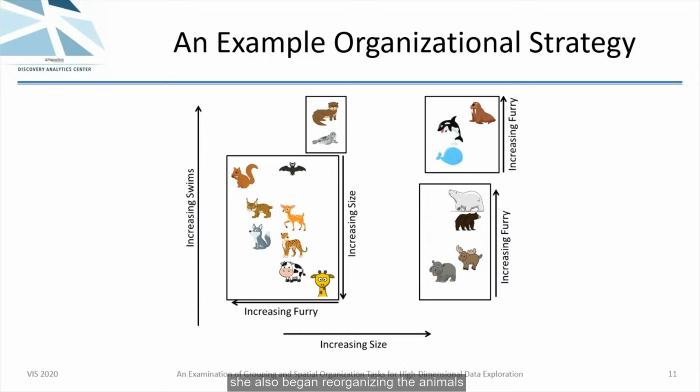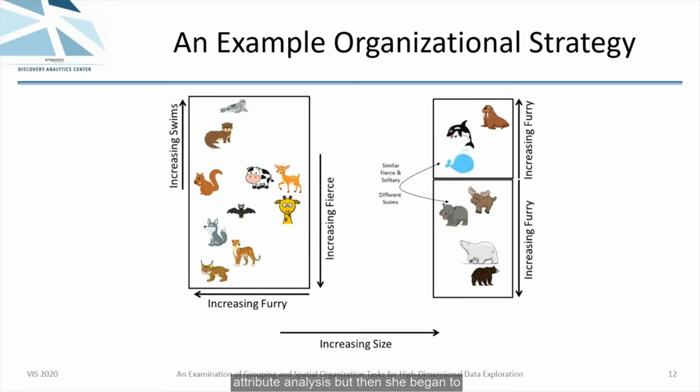She also began reorganizing the animals within the clusters a bit, and explained this reorganization with the dimensions that we show, looking at increasing furriness at a variety of different angles inside of the projection. In large part, this was the beginning of the furry attribute analysis, but then she began to look toward the fierce and the solitary attributes. She decided that the clusters on the right needed to be oriented to have similar fierce and solitary values in the center, spreading outward vertically in increasing amounts of furriness.